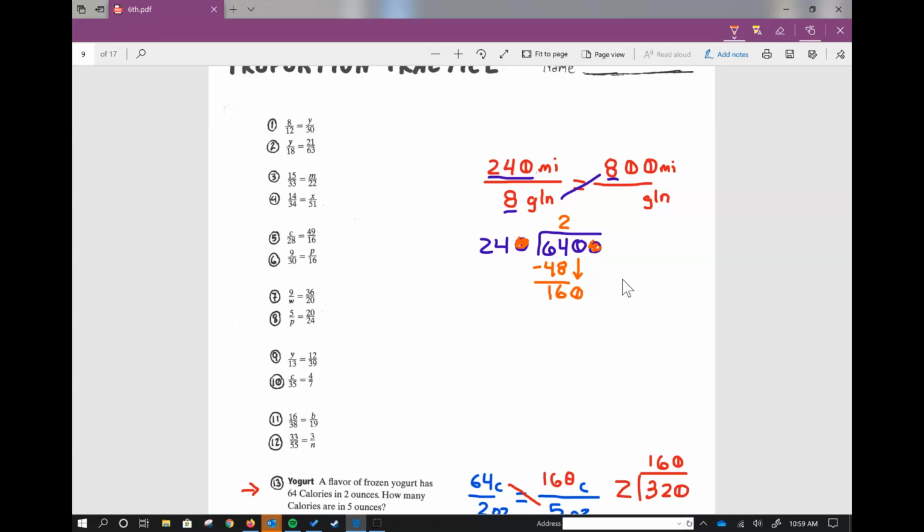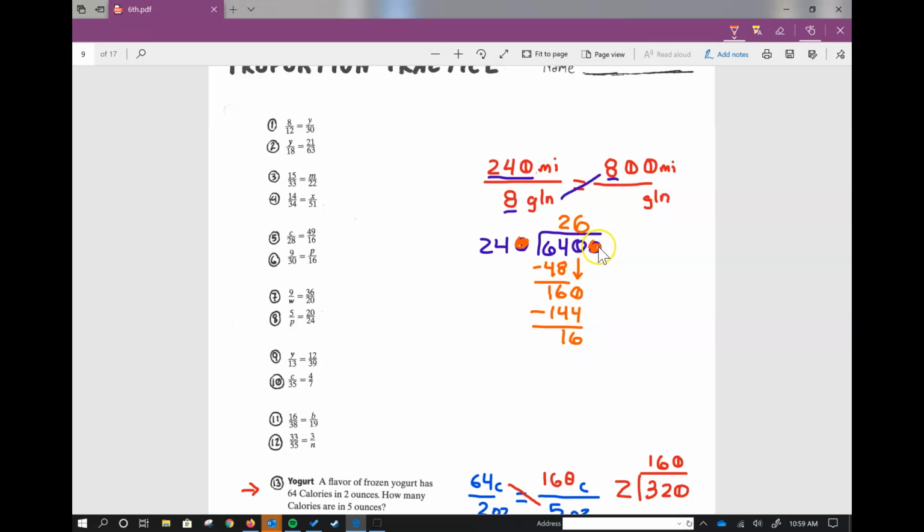So our multiples of 24 are 24, 48, 72, 96, 120. That's 24 times 5. 24 times 6 would be 144. So, yeah, this can go in there 6 times. 6 times 24, we just said, is 144. That is a difference of 16.